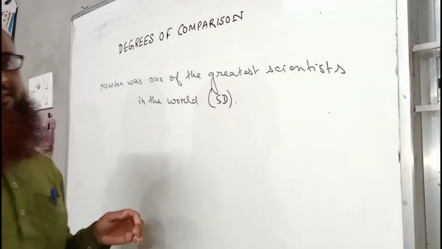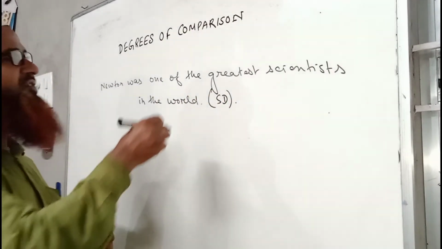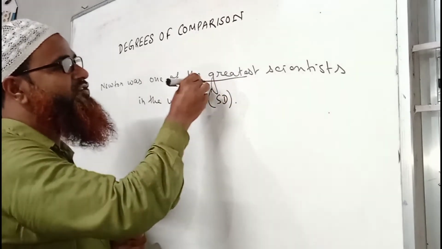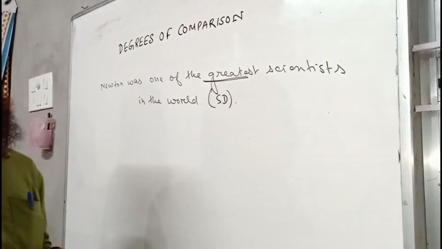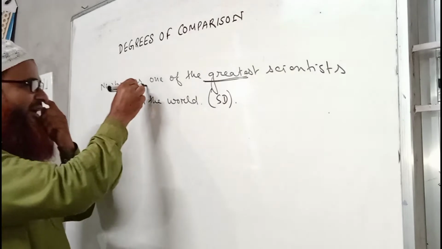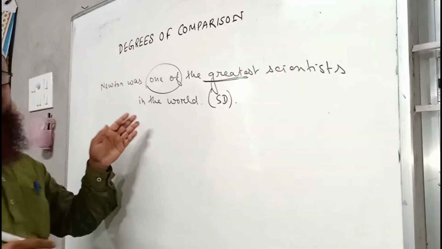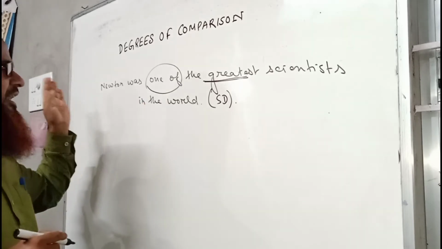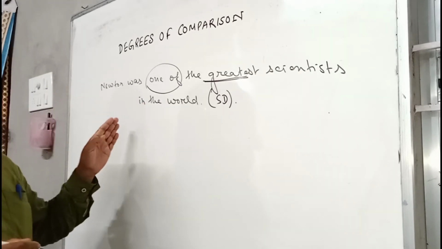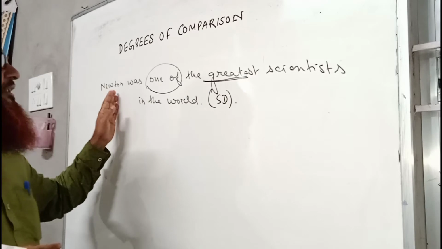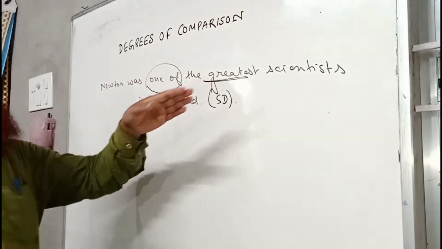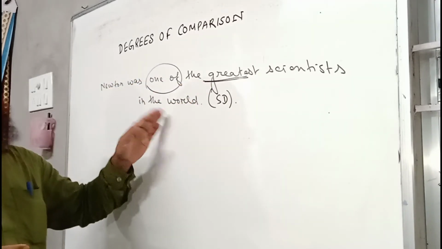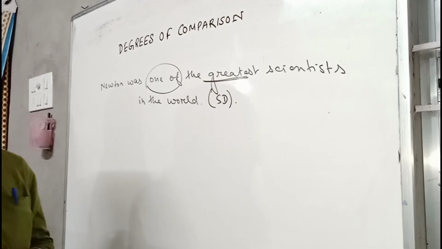Definitely this sentence is in superlative degree because we have used here the superlative degree of great, that is greatest. But the difference is here. Please note the difference. In our former sentences, we used to write Newton was the greatest scientist in the world. But here we have not written that sentence.